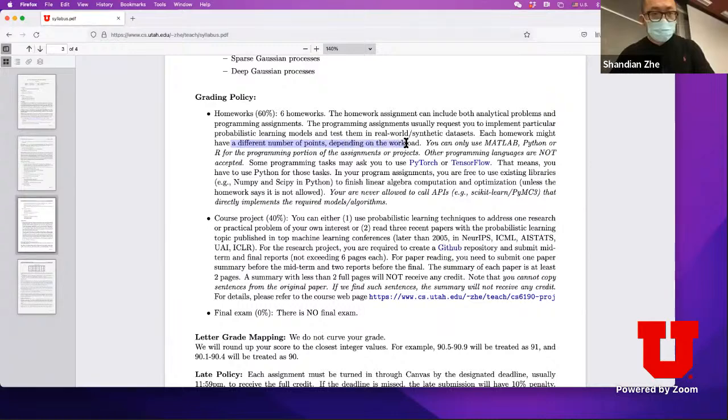But for programming here, we request that you use either MATLAB, Python, or R to finish that. So we do not accept any other programming options. Right? Don't use C, don't use Java, don't use C++. Okay? That's not friendly for this kind of work.